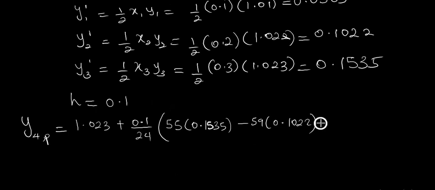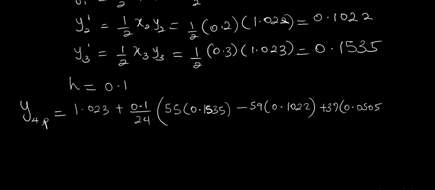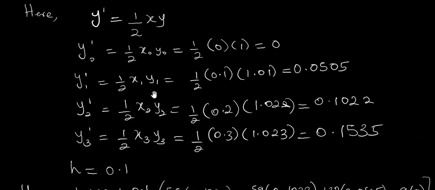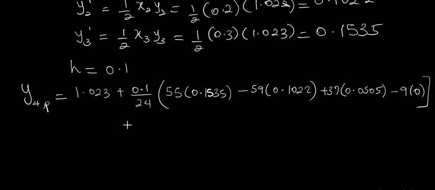Now we have plus 37 of this value, 0.0505. And lastly we have minus 9 times 0. Of course, that's the last piece for this one. So we just simply put all these values into this formula to predict it. That's what we have done.